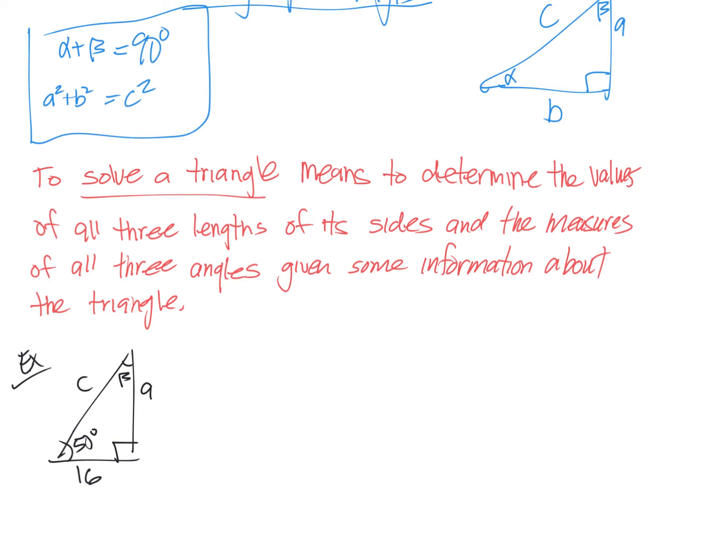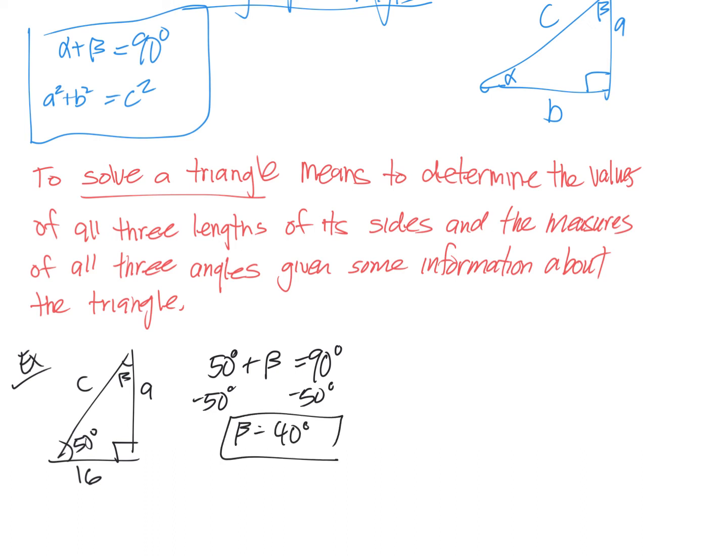Then we use the pieces of information we know, as well as the useful things. The sum of our two angles is 90. Alpha plus beta is 90. In this case, we know alpha, so 50 degrees plus beta is 90. If we subtract 50 degrees from both sides, beta is 40 degrees. So now we know beta.